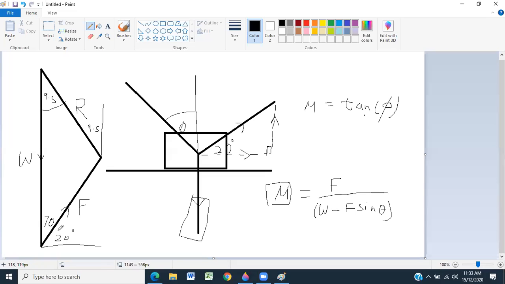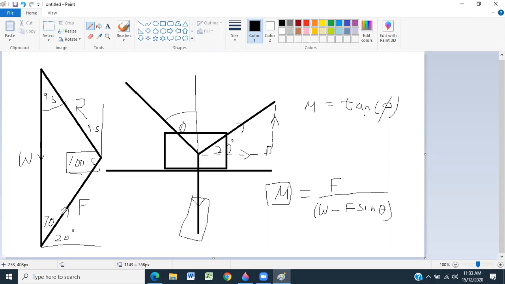Add these two up, we get 79.5. Subtract from 180, and this should be 100.5, right?